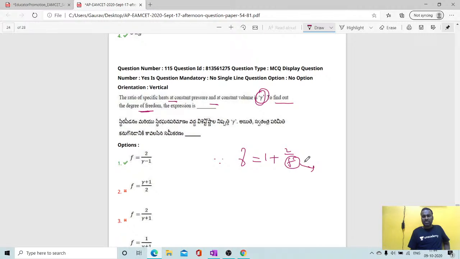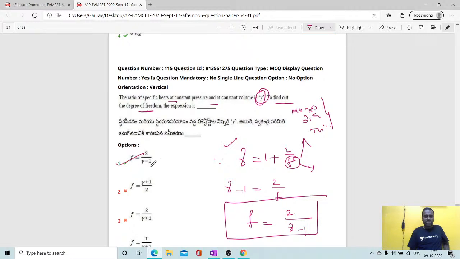Generally most of the times we see monoatomic gas, diatomic gas, triatomic gas, and they ask to find gamma. Now the question is reversed, they are asking for f only. So γ minus 1 is equal to 2 by f, so f is equal to 2 upon (γ minus 1). So this is the first option, we can directly choose.